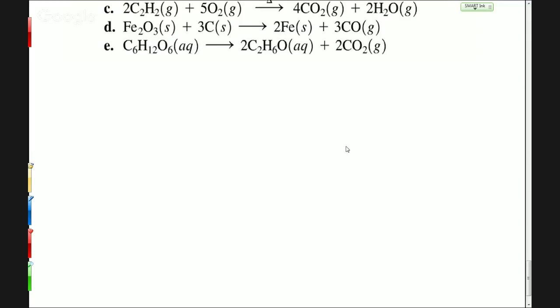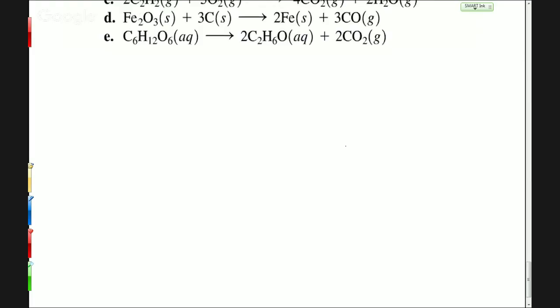All right, so let me see, grab my stuff here. So one thing I might ask you to do is to write a balanced equation for the following things.